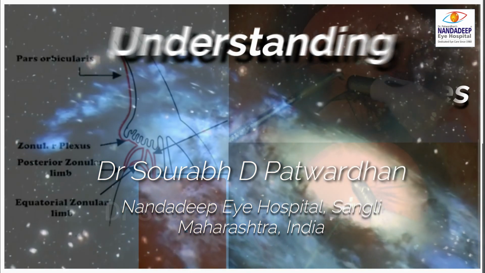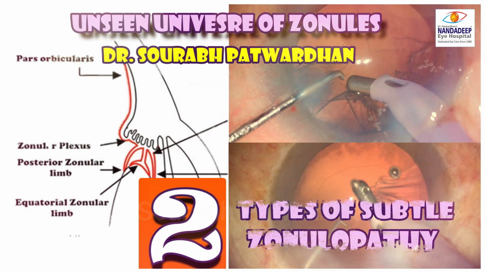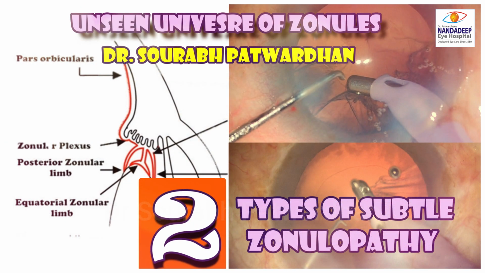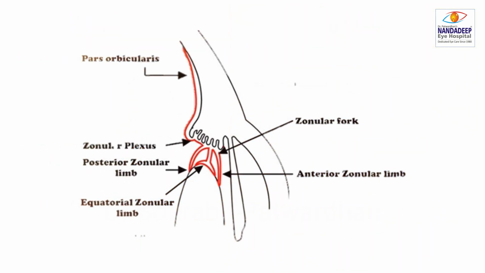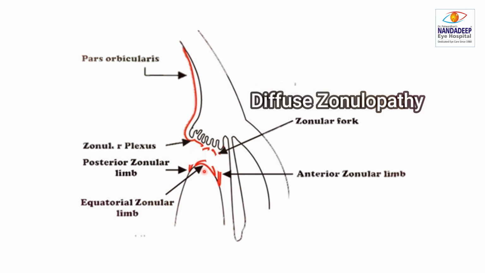So in this video, we'd like to demonstrate two types of subtle zonulopathy which can be picked up during surgery. The basic anatomy of the zonular complex shows that there is an anterior, equatorial and posterior zonular limb.